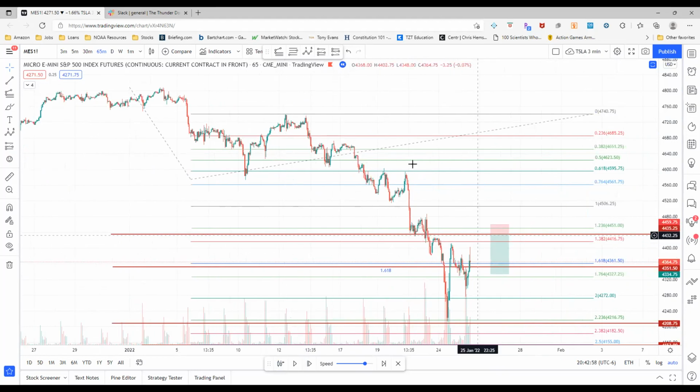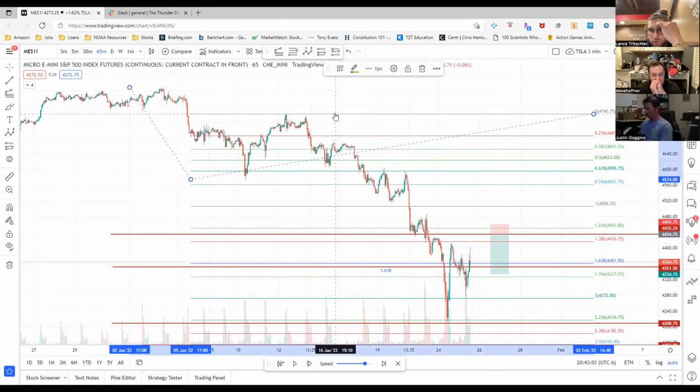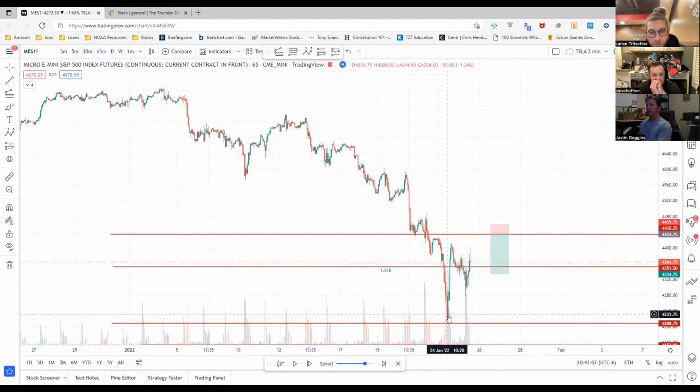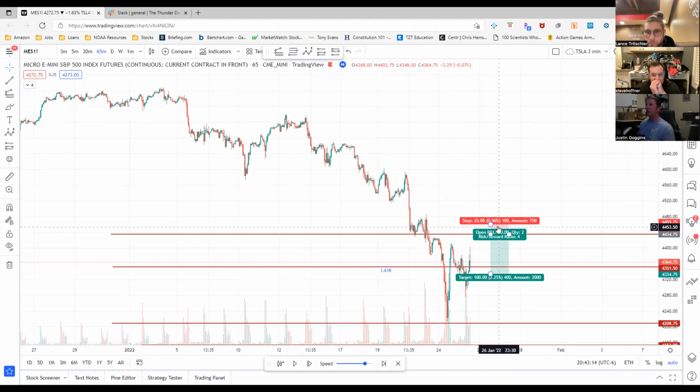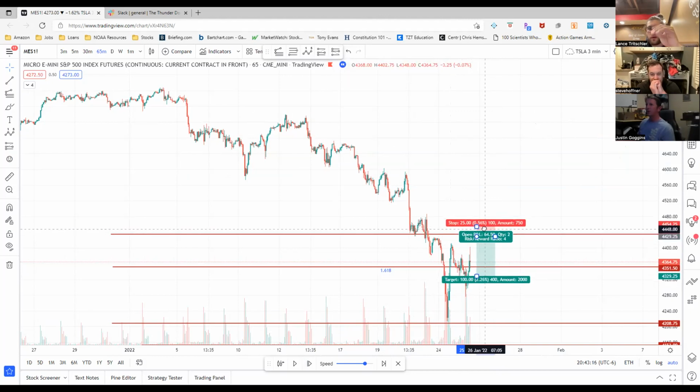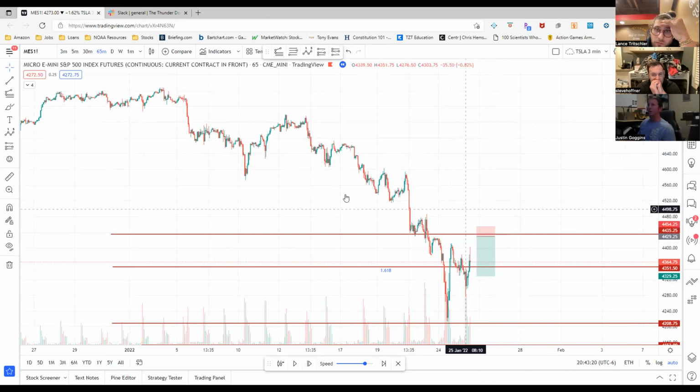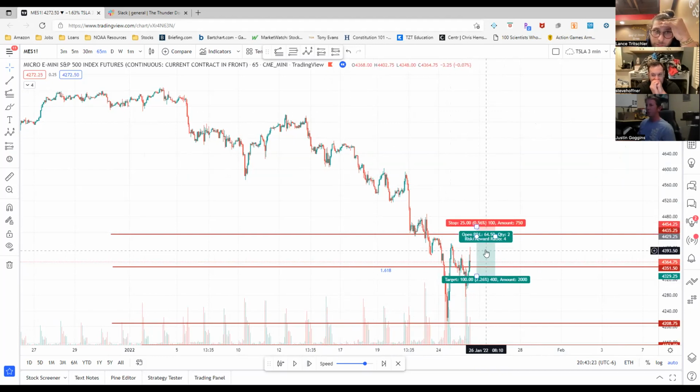When we left off, we had hit this level. We were trading back up to this level, and we're going to short it back down for the wave 5, is what we were expecting.